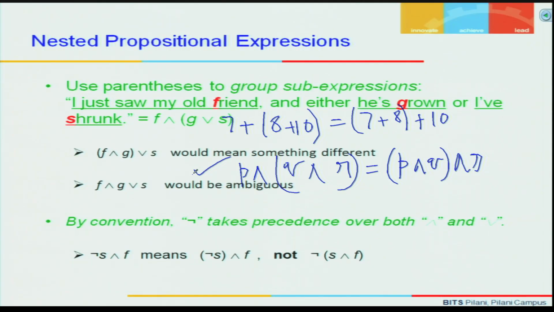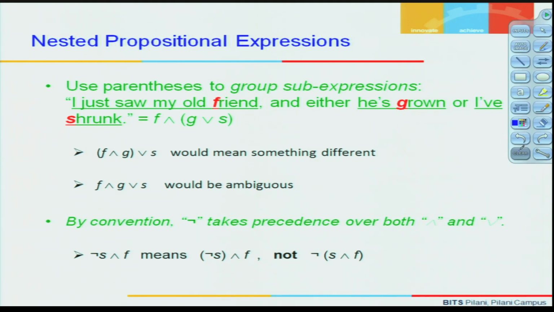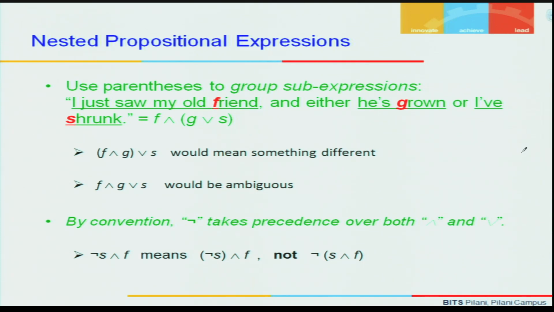Now we will see how we represent this particular compound English statement. Generally these propositions will be represented by small letters, not by capital letters. If you have a simple statement, "I just saw my old friend", is it a proposition or not?